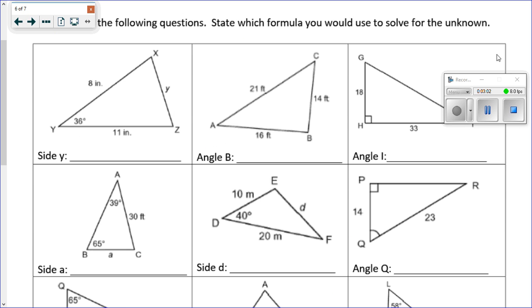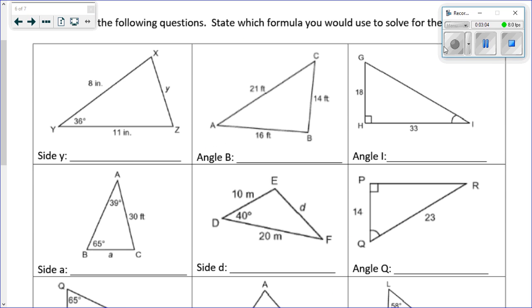So let's test your gray matter. You have a series of triangles on your page, and for those of you who haven't printed the page, it's right here on the screen. It's in front of you. Which of the laws are you going to use? For the first one, it's not a right angle triangle, so you're not using cos, sine, or tangent, but we've got that side angle side, so we're using the cosine law.